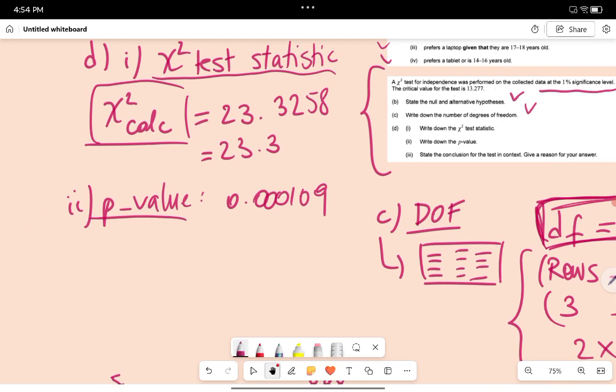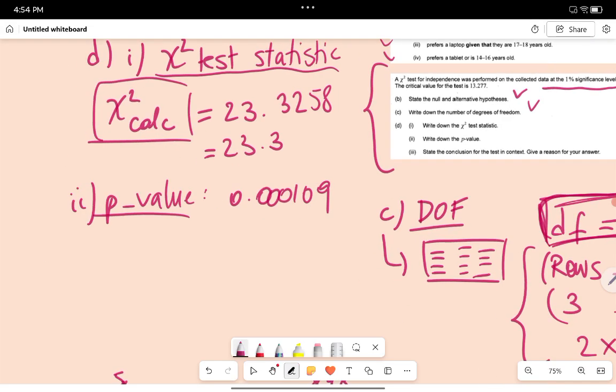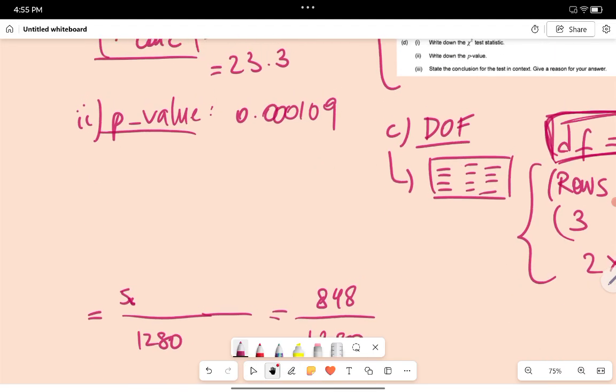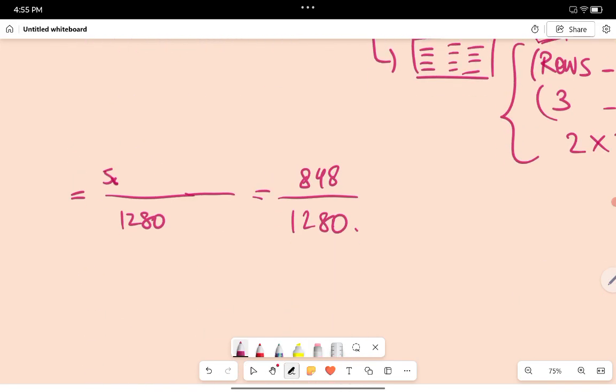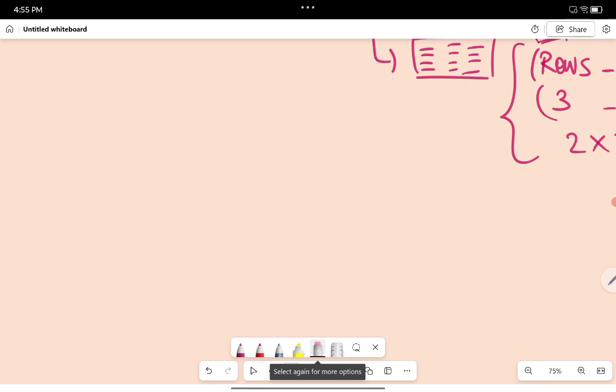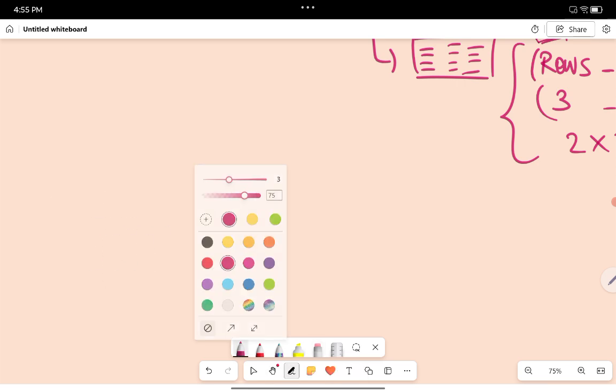Okay? And then the last question is state the conclusion for the test in context. Give a reason for your answer. Okay, so again, remember how we work out the chi-squared test statistic. That's also given.